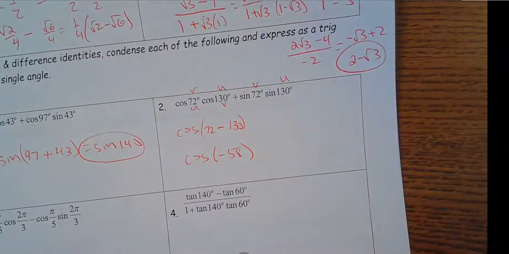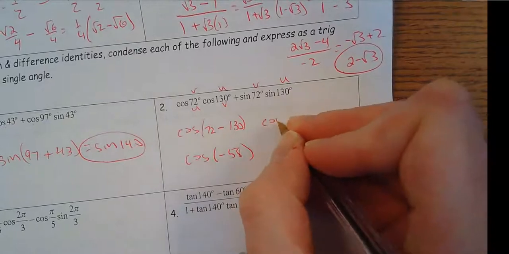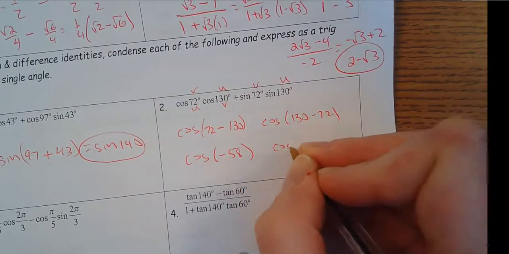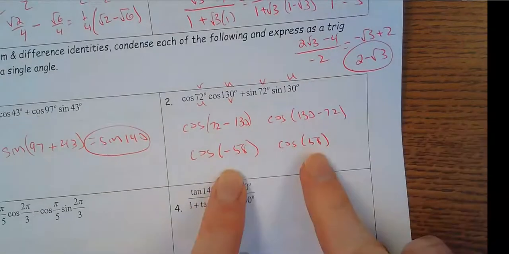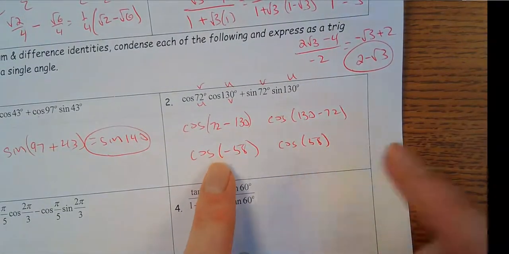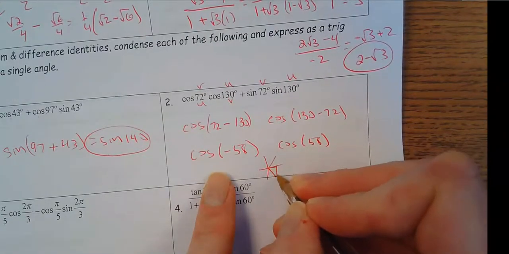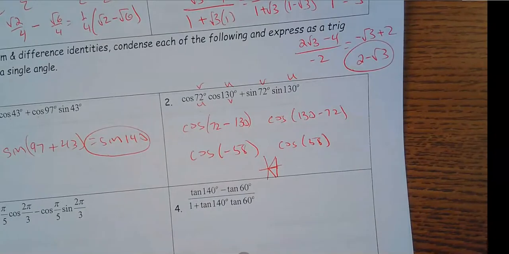And it'd be the exact same formula. So instead, maybe they're trying to find what cosine of 130 minus 72 is. Well, that's 58. These have the exact same value, because with cosine, it doesn't matter if you're going up 58 degrees or down 58 degrees, how far right you go to get there is the same, so they're going to be the same value either way.